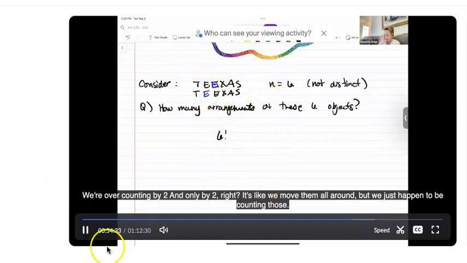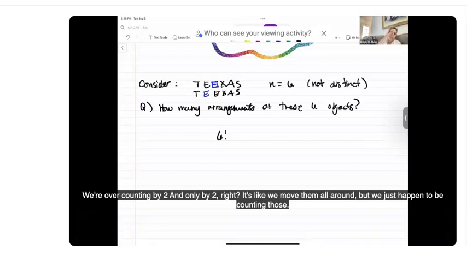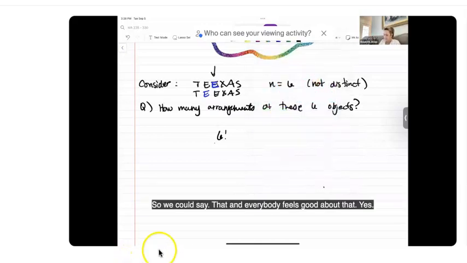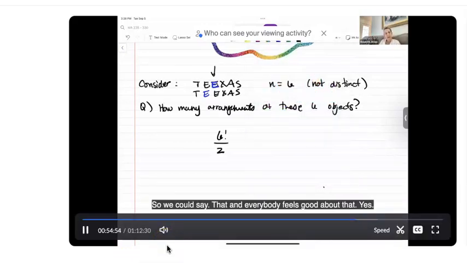We're overcounting by 2. And only by 2, right? It's like we move them all around, but we happen to be counting every arrangement of the letters twice because we're counting every time the E's change places. So we could say that, and everybody feels good about that. Yes?